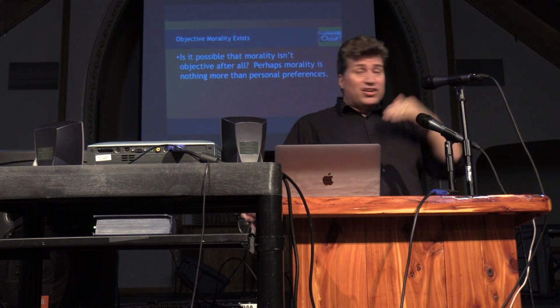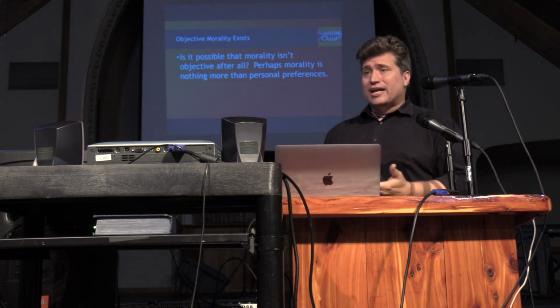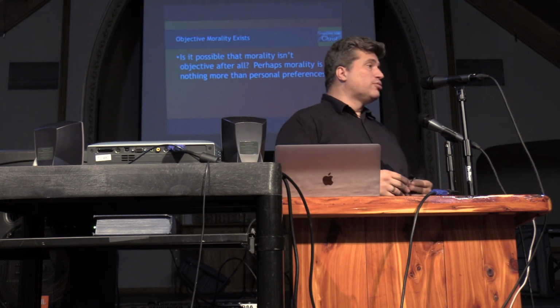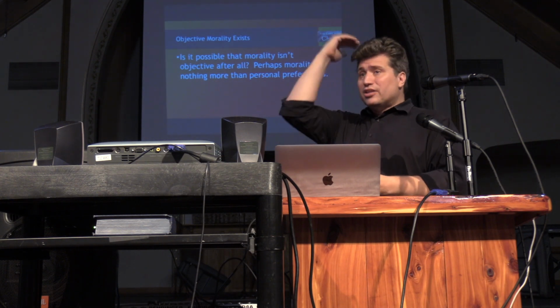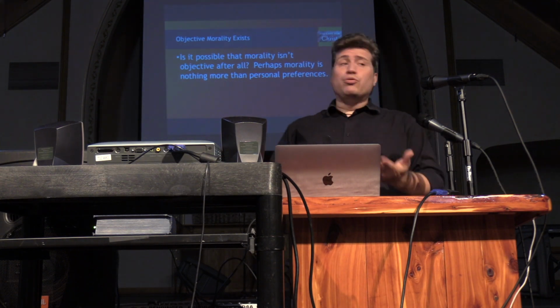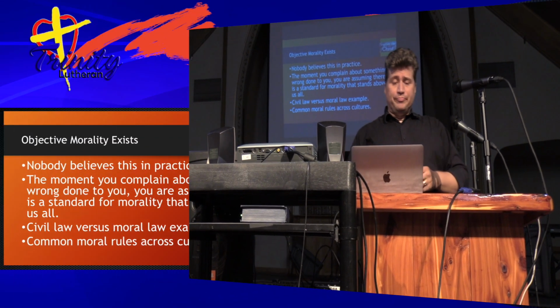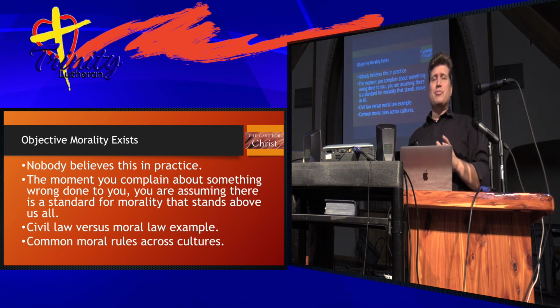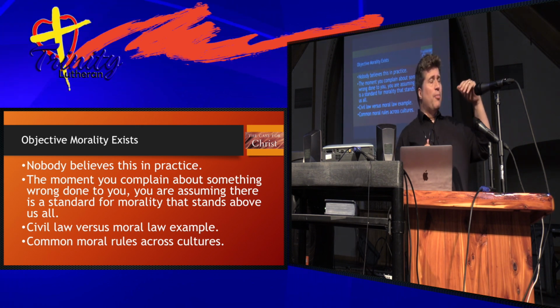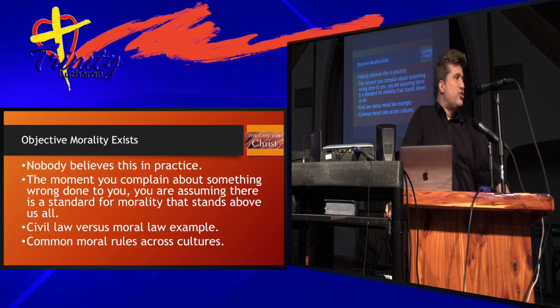If there is not, then that's what it means to say morality is subjective. Whatever exists in your mind is one thing, whatever exists in someone else's mind is another, but there's no law book above us to decide which one of us is actually right and which is actually wrong. Now, the problem with this concept of all morality being subjective is that nobody believes it to be true.